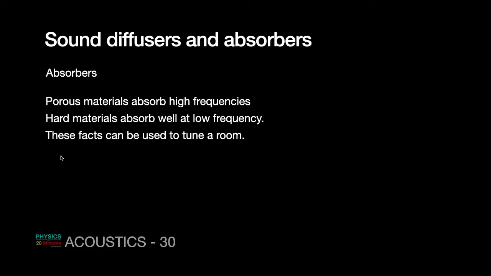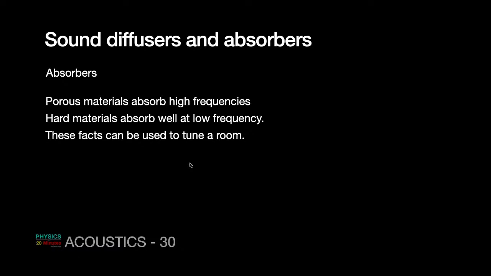And these facts can be used to tune a room. Depending on the purpose for which a room is being built, these facts can be used to tune it slightly to high frequency or to a lower frequency. Acoustic designers or engineers do all this very effectively in order to bring out the most from an auditorium.